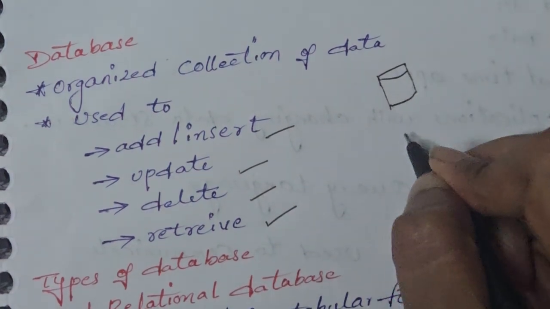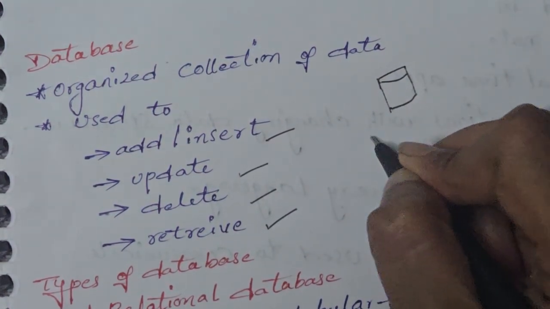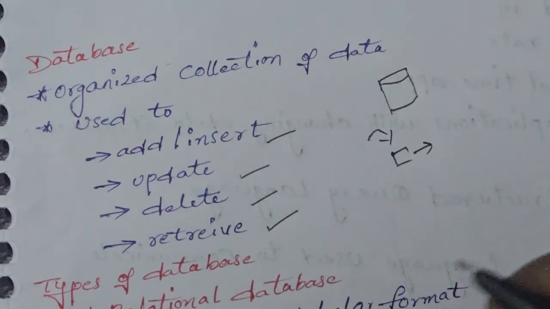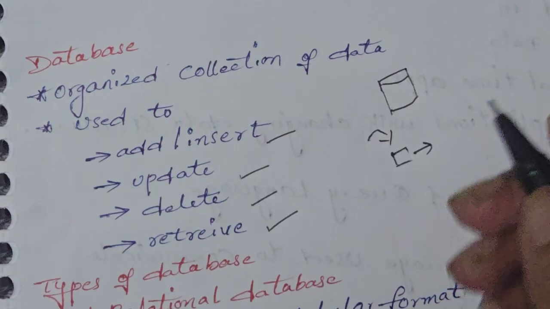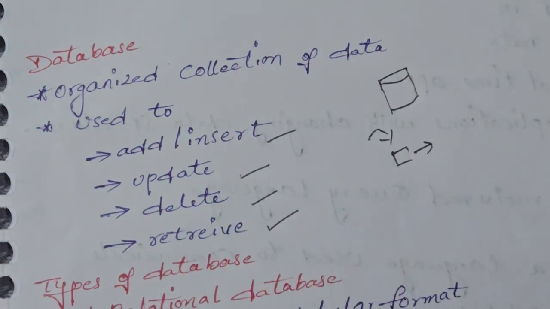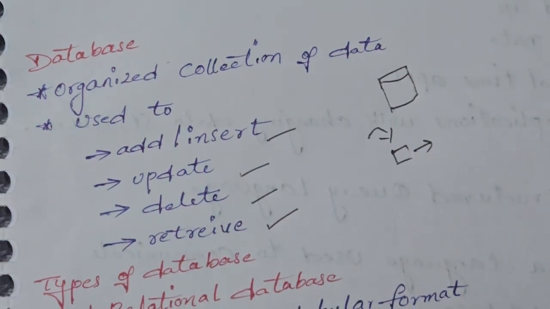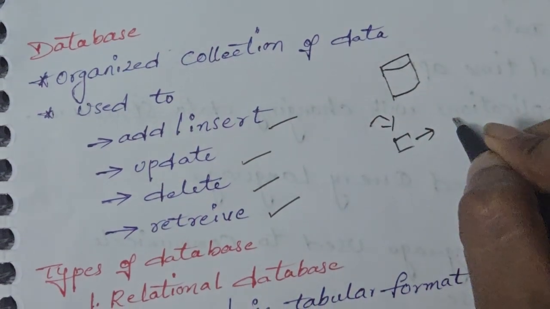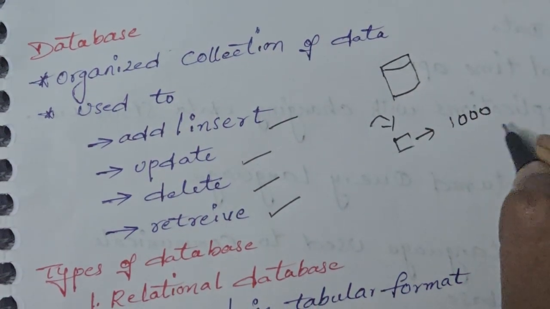For example, you will go to a bank, right? There you will do some transactions with your data. For example, you can debit some amount from your account or credit some amount to your account. Everything is one transaction related to data. It will generate some data. So you have 1000 rupees.